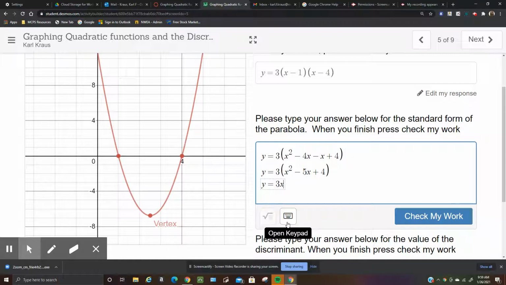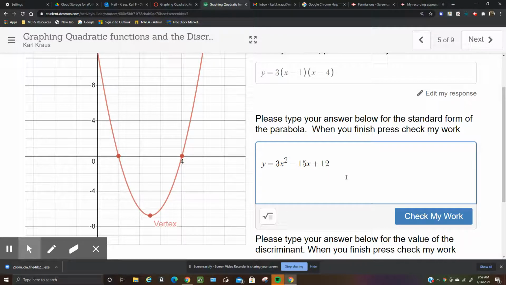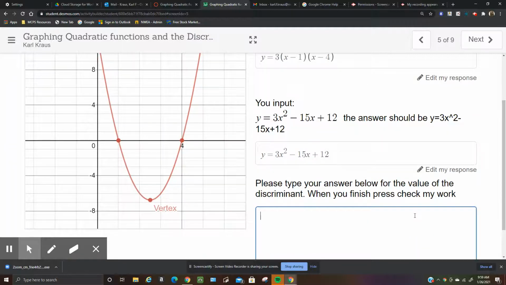You get 3x squared minus 15x plus 12. Now I got it in standard form, so I'm going to erase my work here. And my answer matches the solution here.